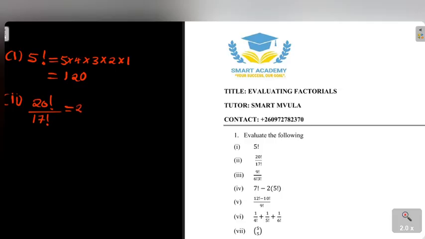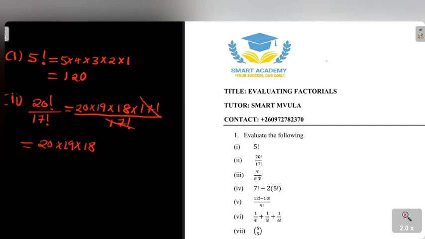So we're going to say 20 times 19 times 18 times 17 factorial, over 17 factorial there. So 17 factorial and 17 factorial cancel. We have 20 times 19 times 18 there.